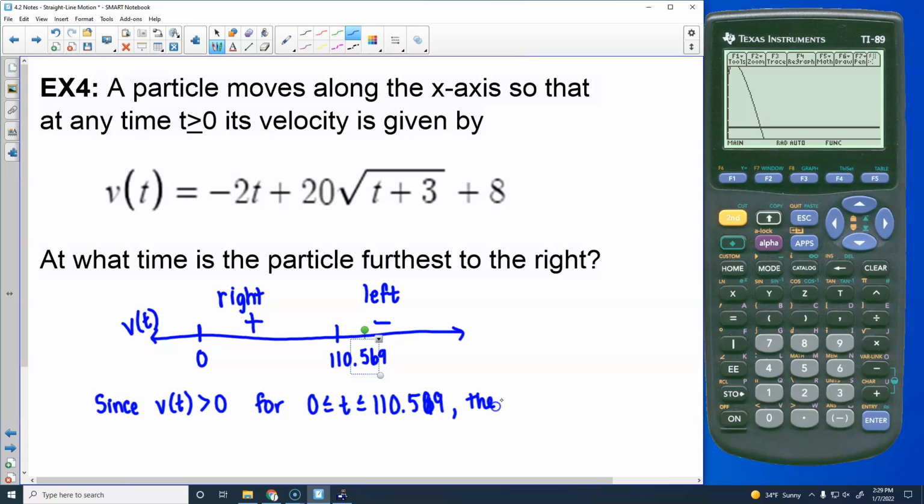the particle moves to the right for that interval.